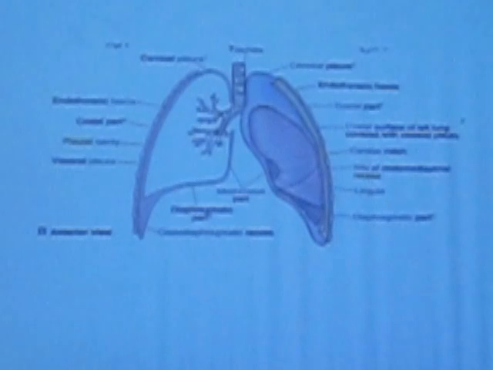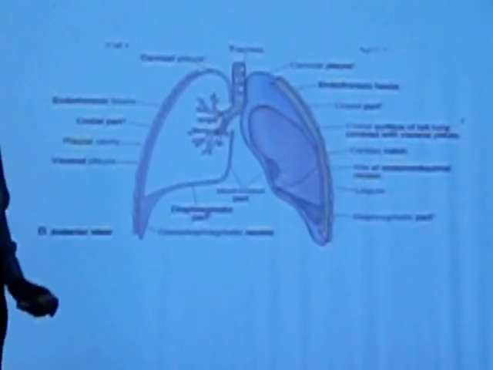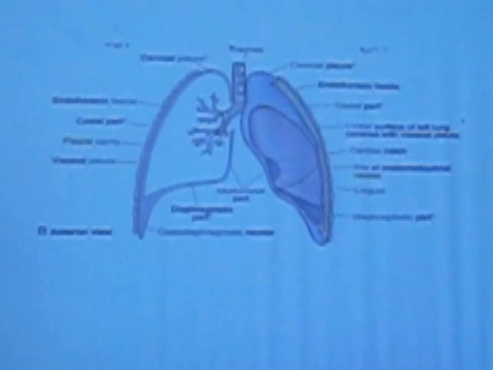What are the names of the pouches present in the intestine, large intestine? Appendices, if you like. True or false? False. Taenia coli?